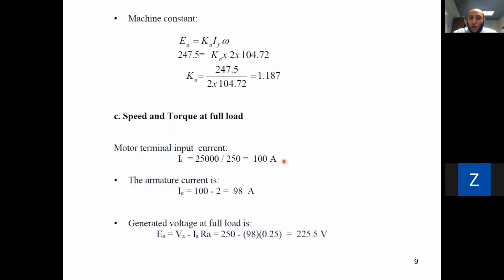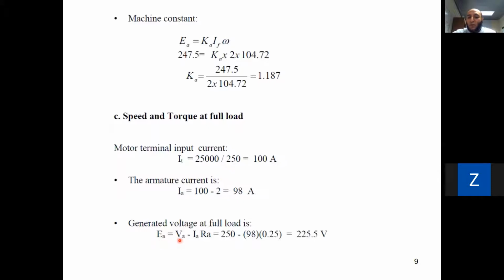To get the armature current, we have to subtract the field current value, which is 2 amps, which is constant here and will not be changed because we don't have control of the field control resistance. So the armature current here will be 98 amps. We can substitute to get the generated or EMF voltage for this case at full load.